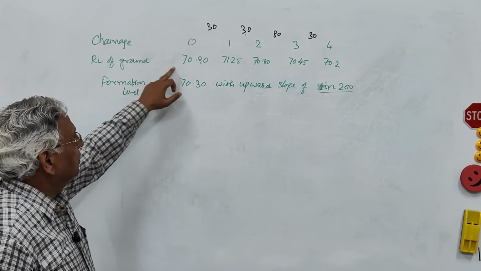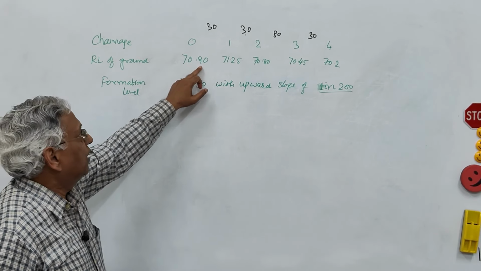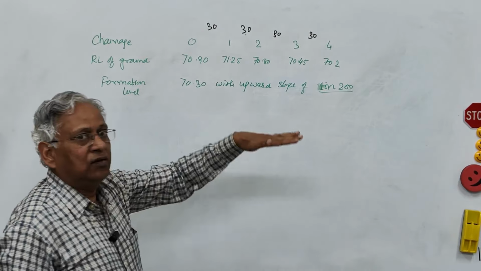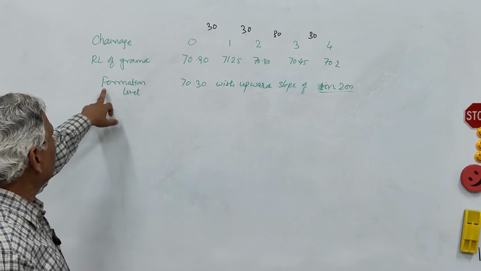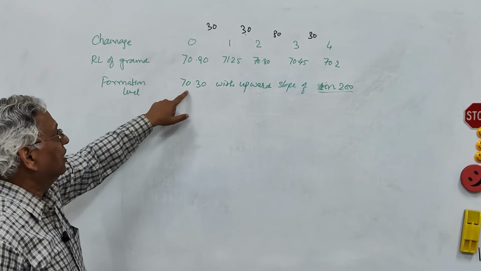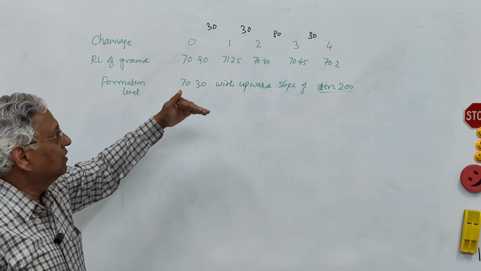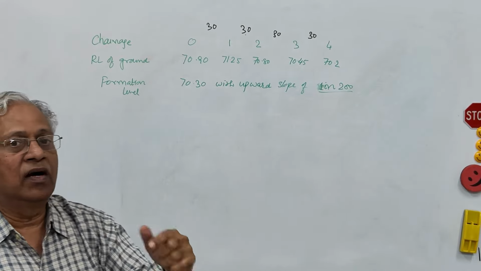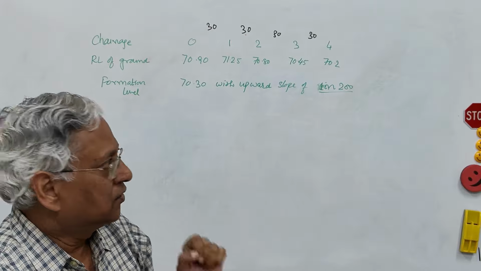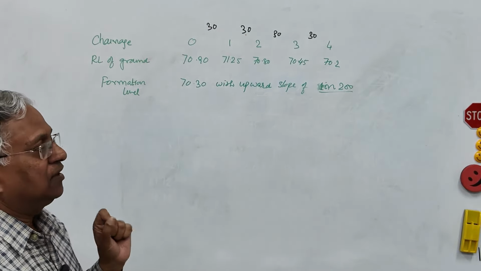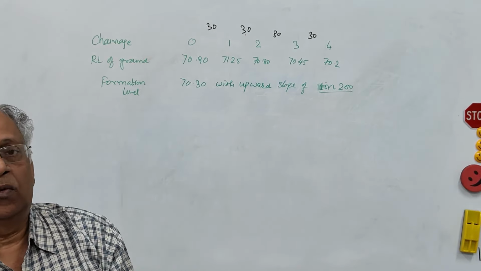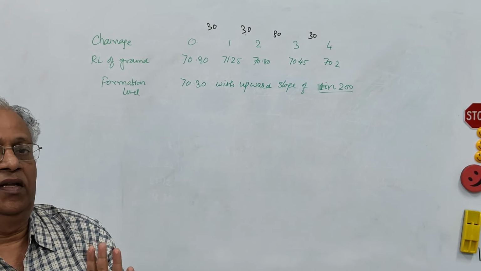RL of ground is given in meter, 70.9, 71.25. It is not a level ground. RL of formation at the first point is 70.30, and the road has an upward slope of 1 in 200. So let us calculate how much is the amount of earthwork in cutting and in filling.